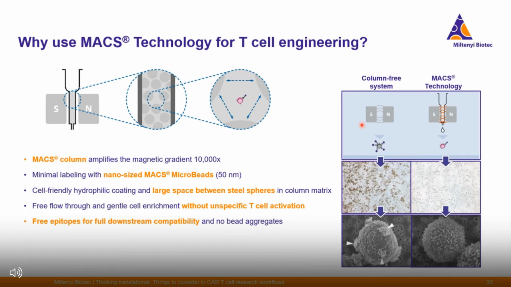If you take a look at the electron microscopy images here, comparing a column-free system versus our MAX technology, you can clearly see the bead aggregates on the surface of the cells if you go for a column-free system, whereas cells isolated with the MAX technology, due to the minimal labeling, look really natural and healthy. Taking all these benefits into account, it becomes clear why our MAX column-based technology is already used in clinical cell therapy trials worldwide.